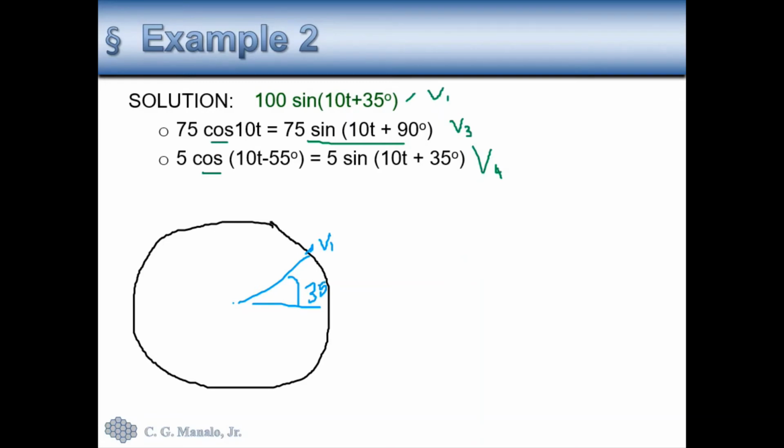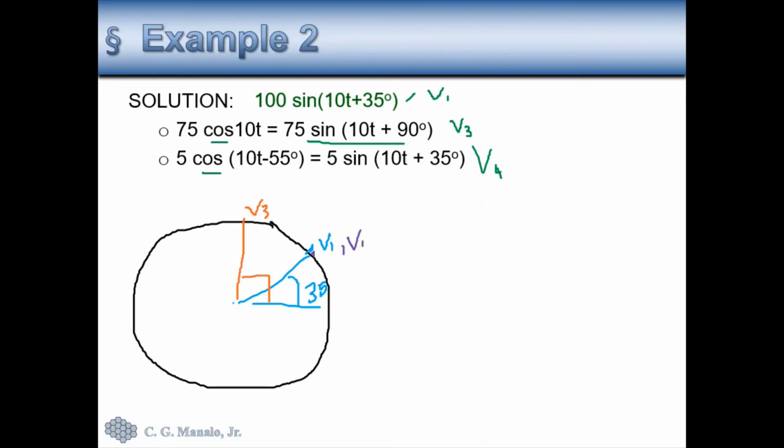V sub 3 is positive 90, so it's somewhere here. So this is V sub 3, and this is 90 degrees. And V sub 4 is also located the same as V sub 1.